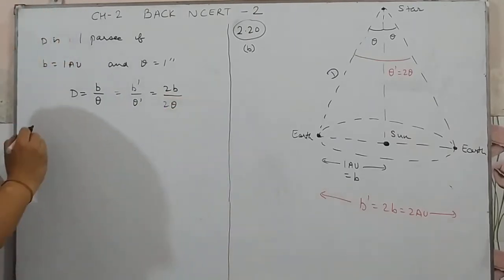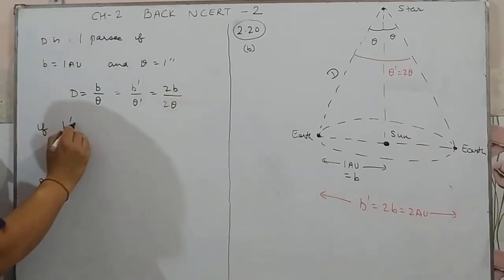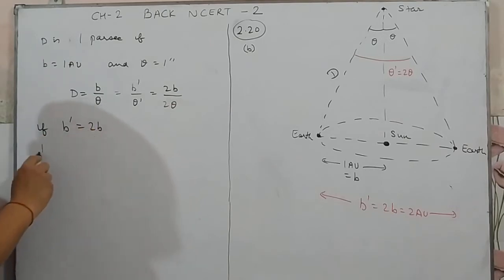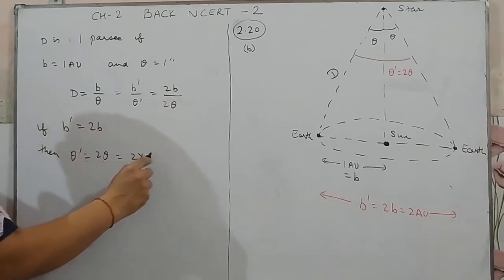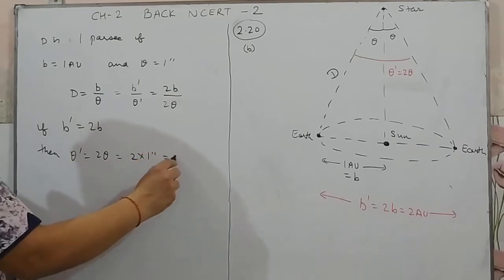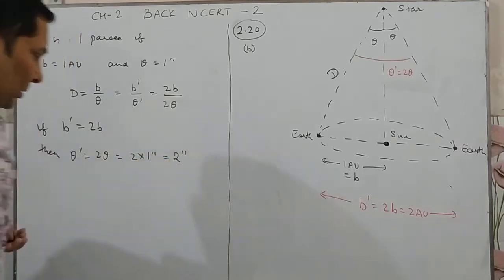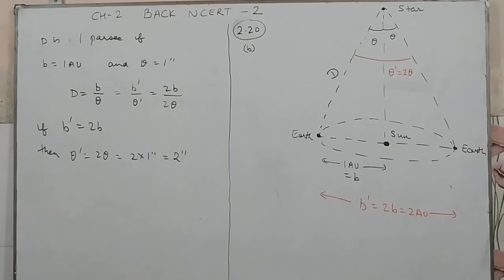So if b dash is equal to 2b, then theta dash becomes equal to 2 theta, that is 2 into 1 second, which means this is equal to 2 seconds. This is the parallax angle between the 2 positions, taken at a gap of 6 months.